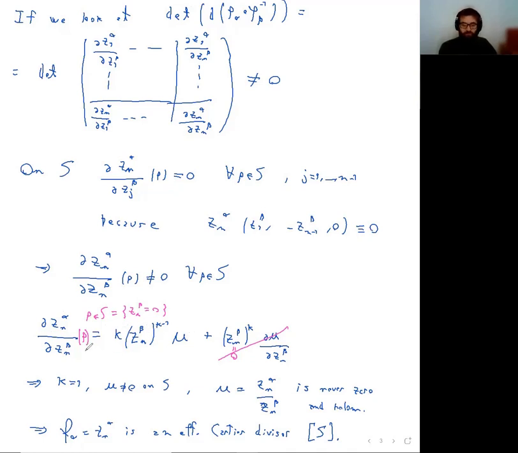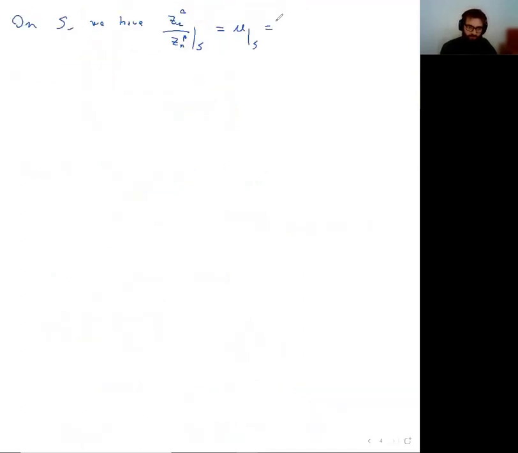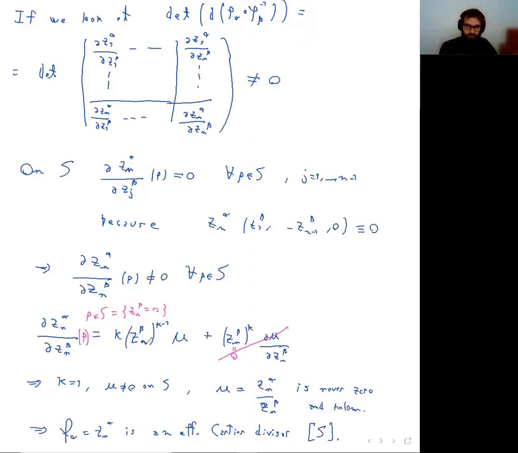So u is not only the ratio, but it's also this derivative, only on S. Just look at this formula with k equal 1. Normally you have this remainder term, but when you impose it to be equal to 0, on S, you're left with just this.